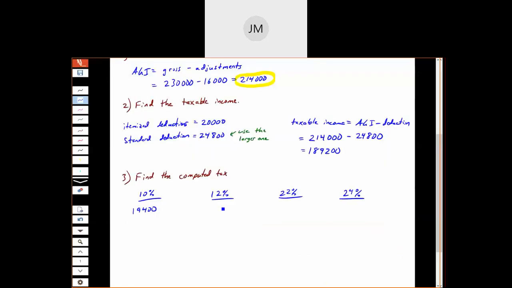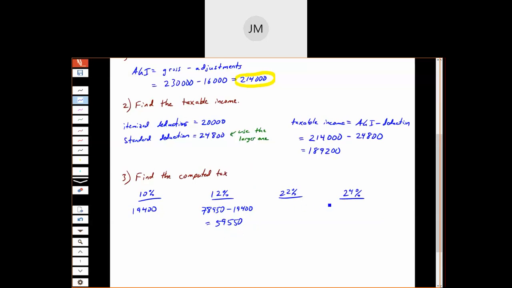When I subtract $78,950 minus $19,400, I get $59,550 of that taxable income going into this tax bracket.